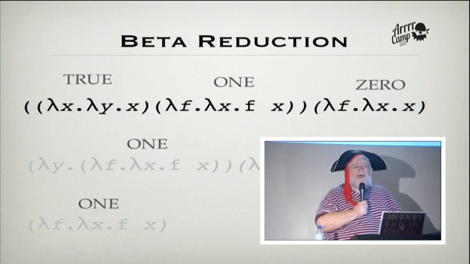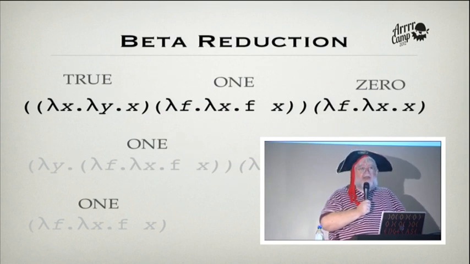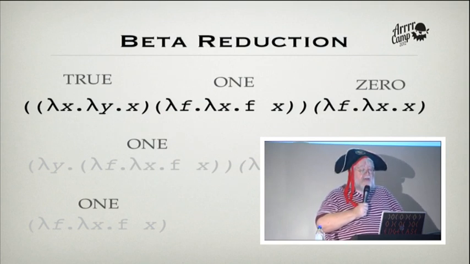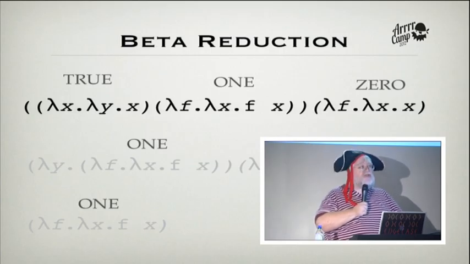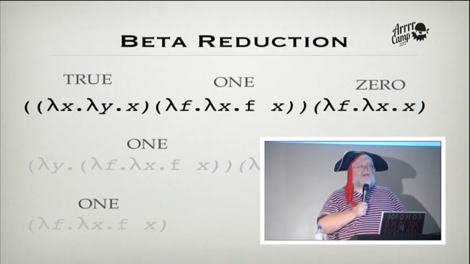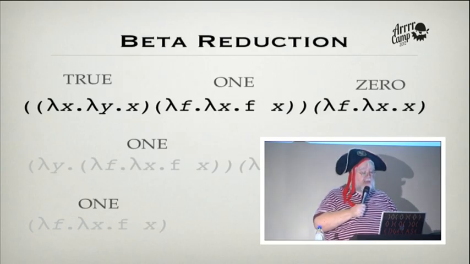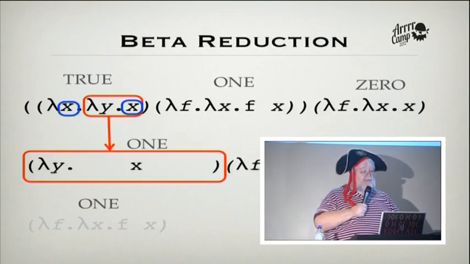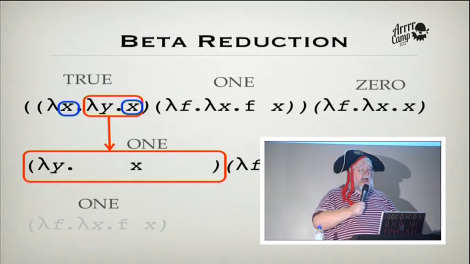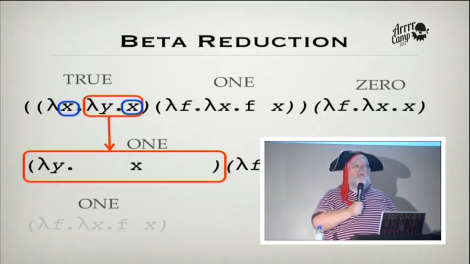At the top here we have a lambda expression consisting of the value for true, the value for 1, and the value for 0. So we're going to go through beta reduction on this to see what we get out of it. To do a beta reduction, you identify the function, and you copy it down. We're going to call it with its argument, which is the value of 1.